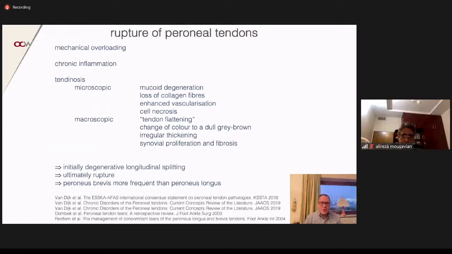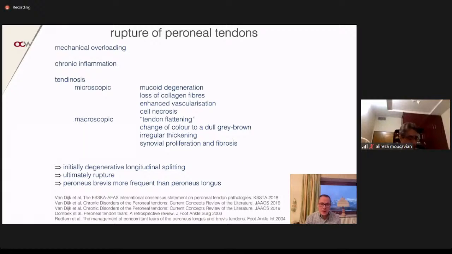The origin of ruptures of the peroneal tendons is usually not an acute incident. The vast majority of these injuries is caused by mechanical overloading. And this mechanical overloading leads to chronic inflammation, tendinosis develops, and we see microscopic and macroscopic changes.